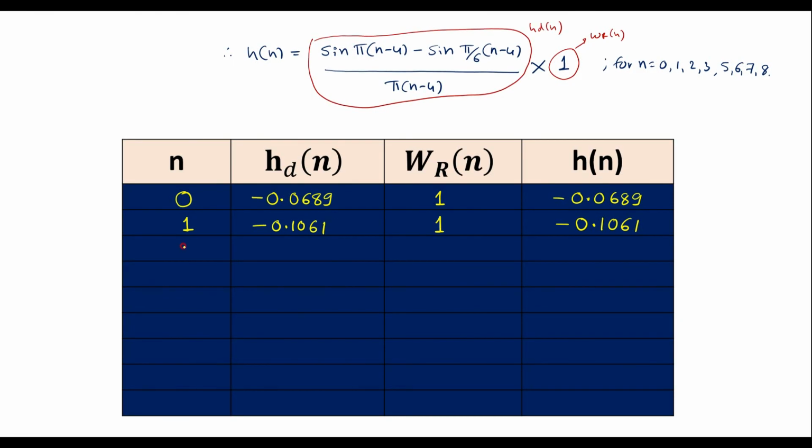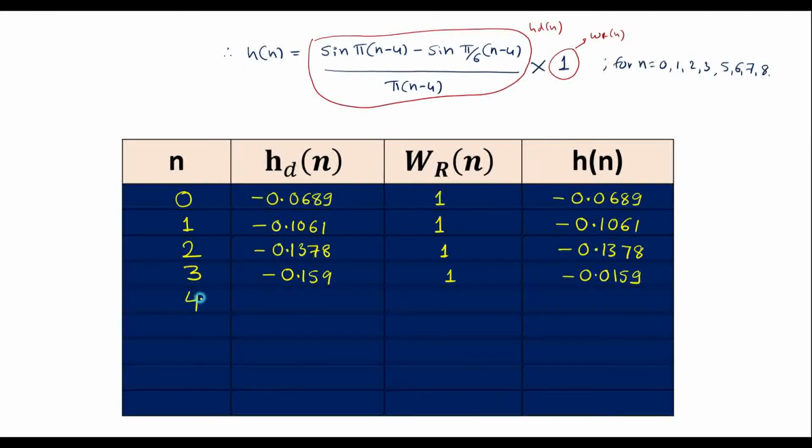For n equal to 2, substitute n equal to 2 in hd of n in this equation, we get minus 0.1378. This is 1 always, so h of n is minus 0.1378. For n equal to 3, it will be minus 0.159. This is 1, so that is minus 0.159.